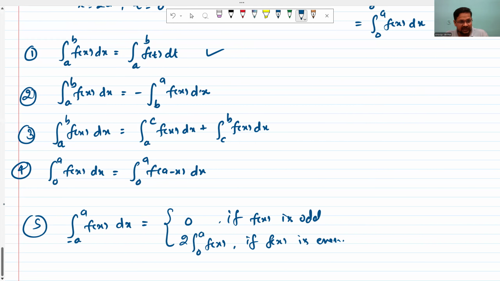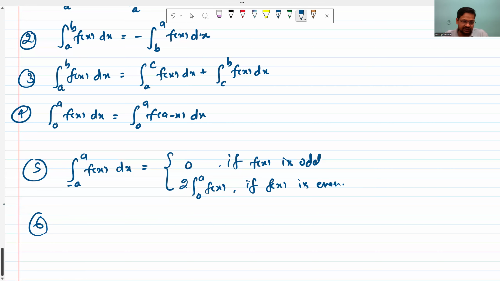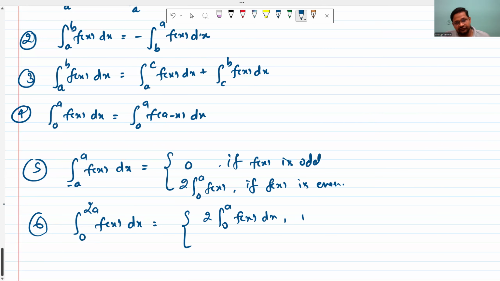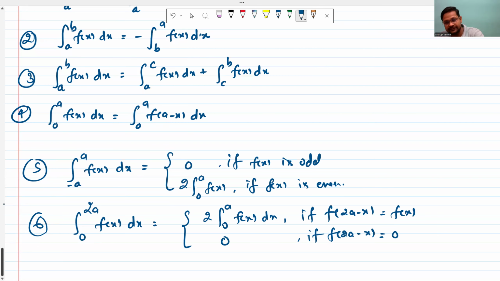And in the last, the sixth, we have just studied that the integration from 0 to 2a of f of x dx is equal to 2 times the integral from 0 to a of f of x dx if f of 2a minus x is equal to f of x, and it will be 0 if f of 2a minus x is equal to negative f of x.